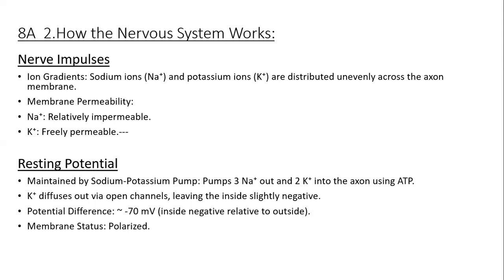Outside, right? Because 3 sodium ions, so more ions are outside. The high concentration of sodium ions is outside, and the high concentration of potassium is inside. So what then?